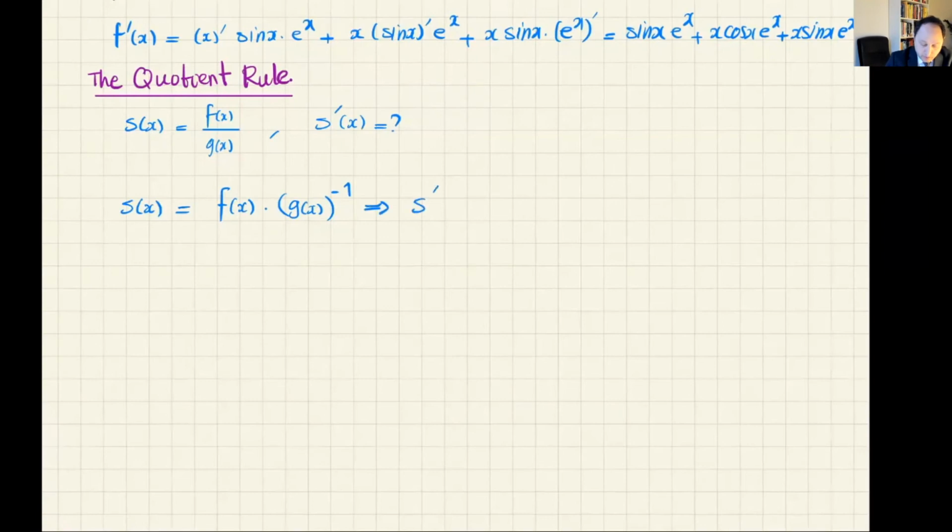So s prime of x is equal to the derivative of the first one multiplied by the second one itself, plus the first one times the derivative of the second one.